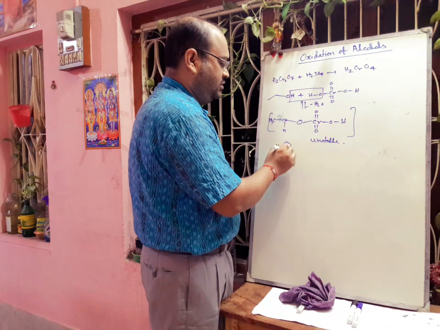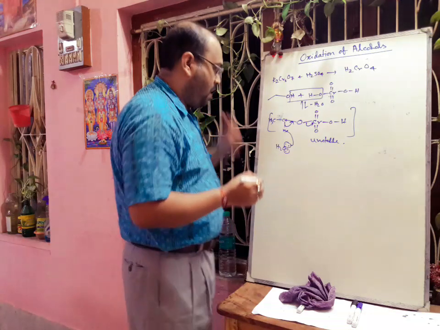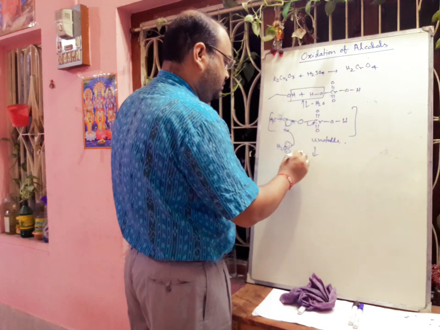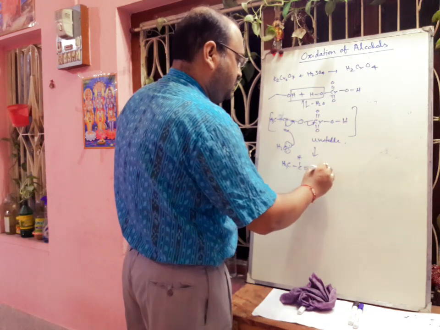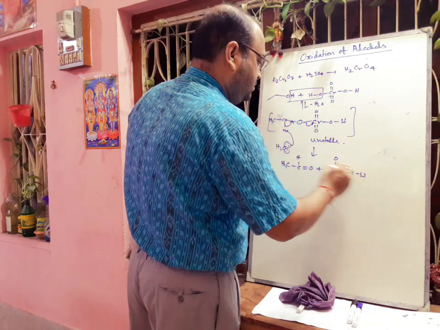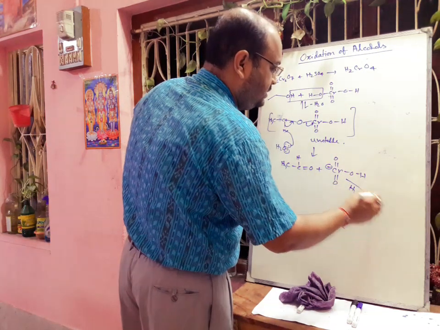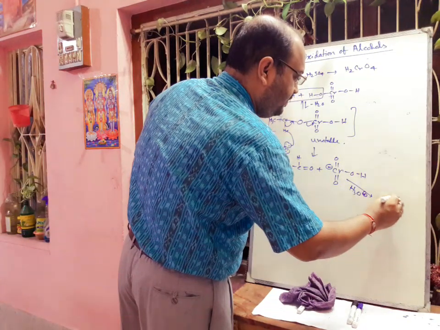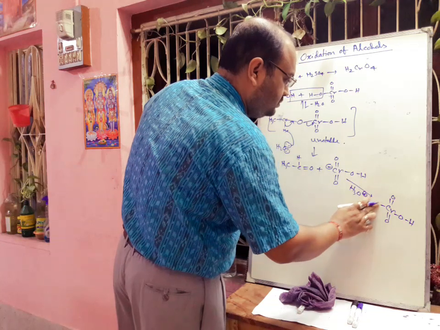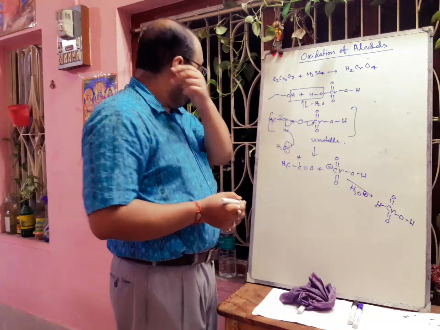That water will accept this proton, it will go here, and we will get the corresponding aldehyde, plus Cr minus. Then it will take one proton from this acid and form these species. Here chromium is in the +6 state.